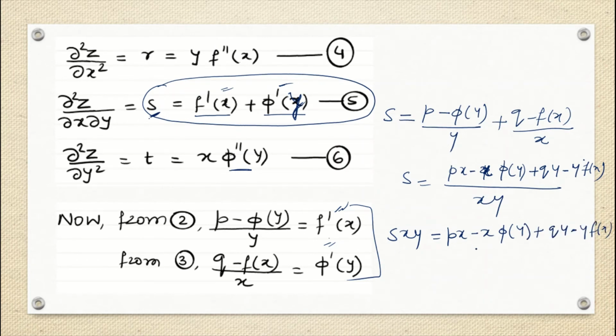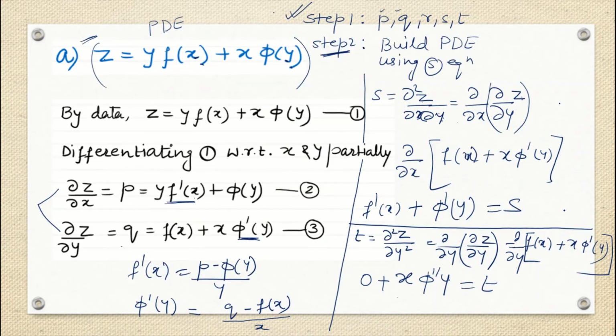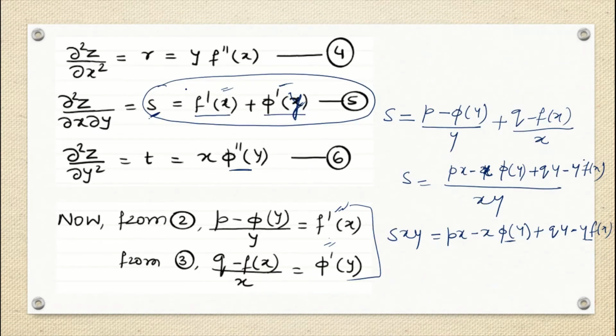From this equation we can see that here this is my φ(y) and f(x). Can I see somewhere this kind of thing? Okay, so this is y f(x) plus x φ(y). So y f(x) minus, if I take common, y f(x) plus x φ(y).